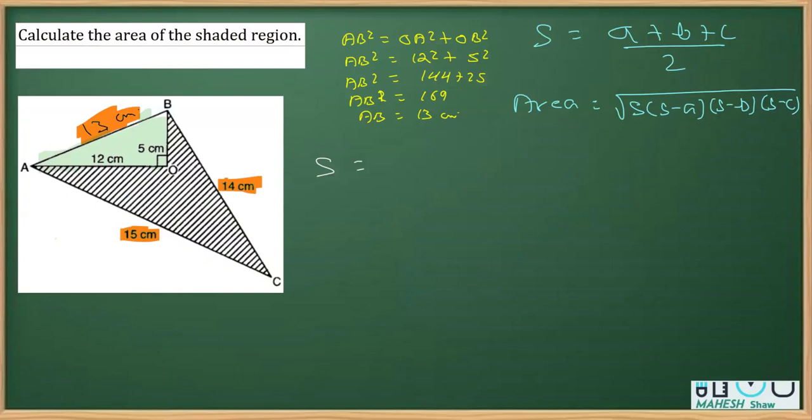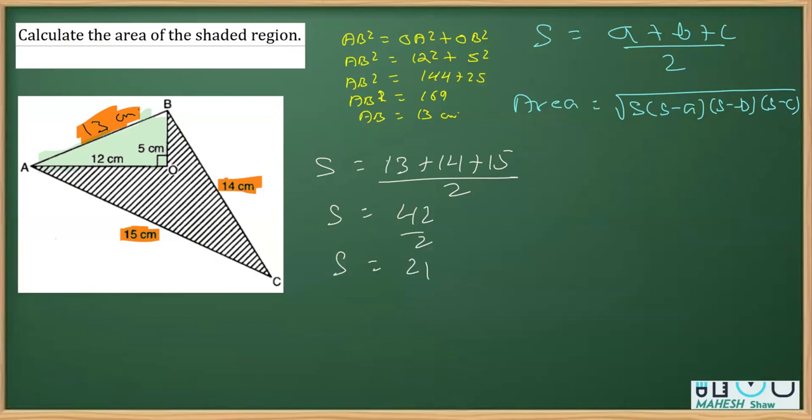A, B, C are the sides of the triangle, which I can see here are 13 plus 14 plus 15, divided by 2. If I find its sum, it's 42 over 2. So we get S as 21.